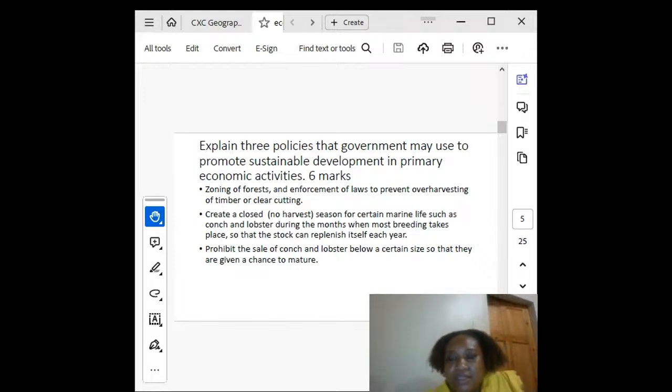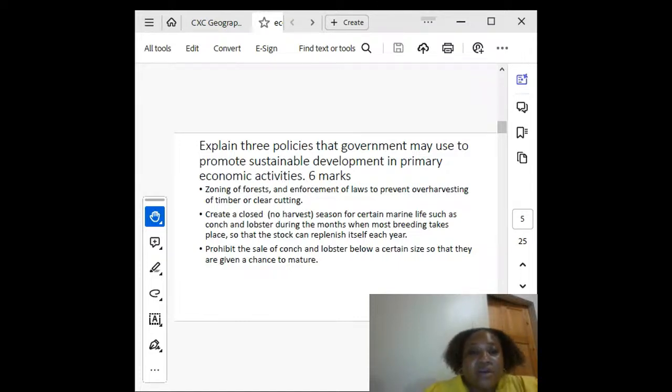So three policies that governments may use to promote sustainable development of primary economic activity. So remember, a primary economic activity would involve things like agriculture or fishing. So you will see you can apply this across to those types of economic activities. So one, things like zoning of forests.